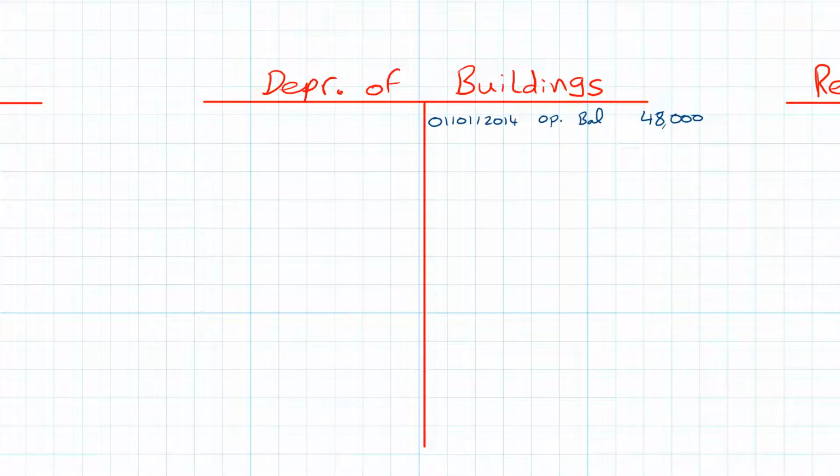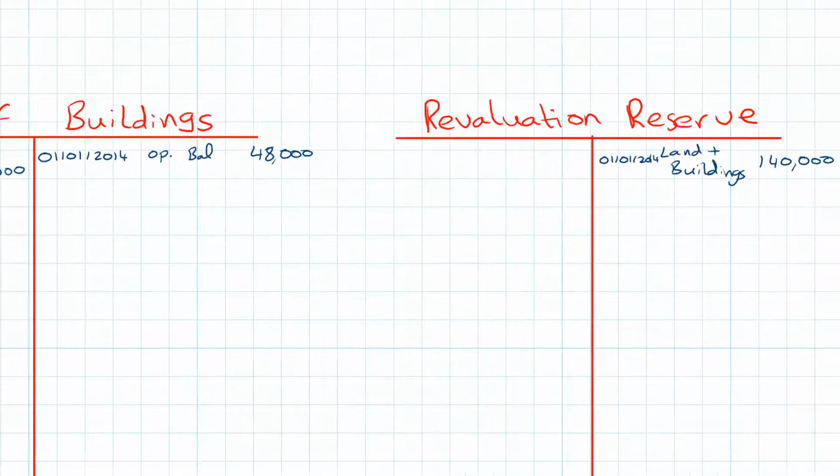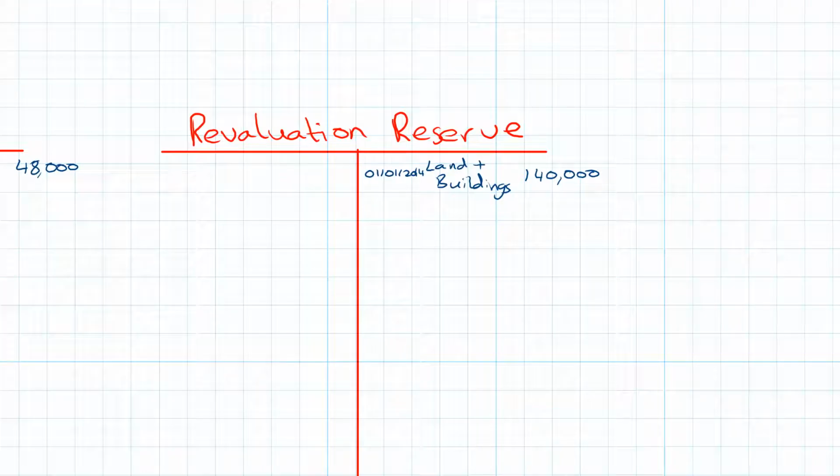So we're going to have to empty this. So on the 1st of 1st, 2014, it's going to a revaluation reserve. And we're emptying it. So 48,000 is coming out. So 48,000 coming from depreciation.